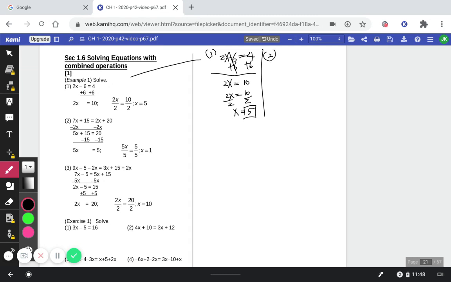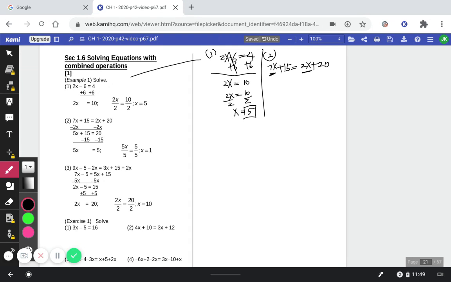Number 2, what if you have 7x plus 15 equals 2x plus 20. This is the case when you have x on both sides of the equal sign.